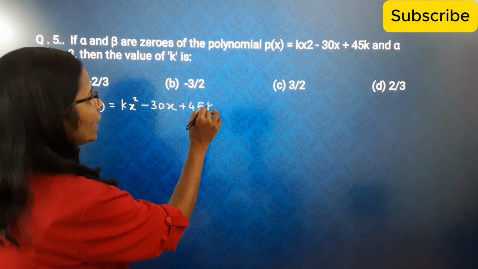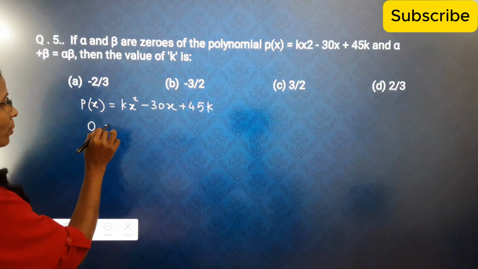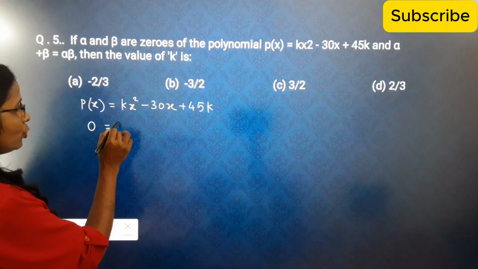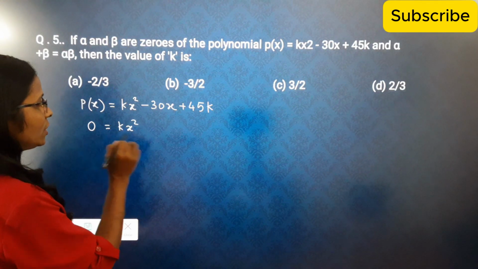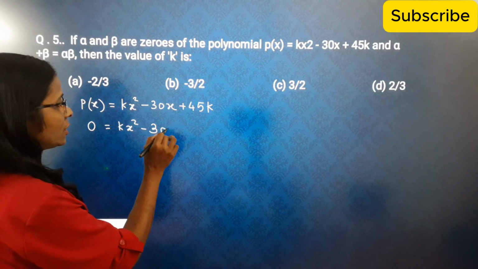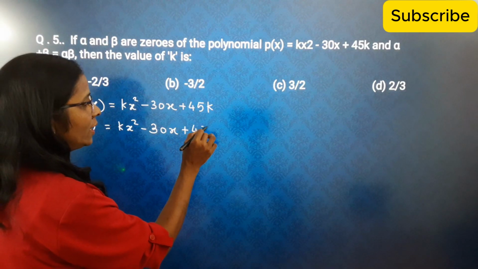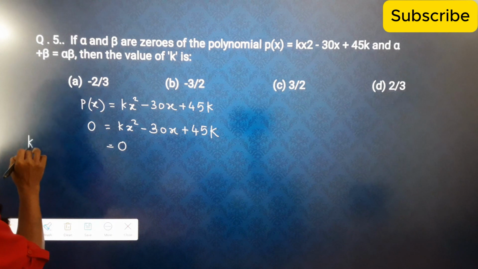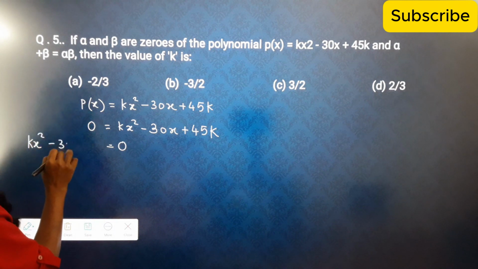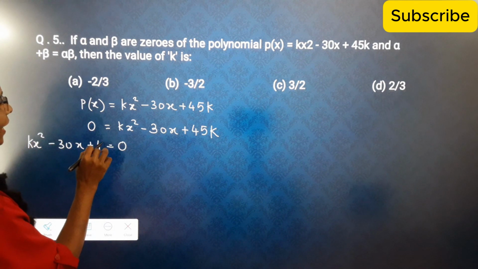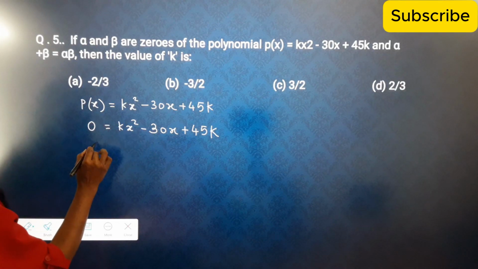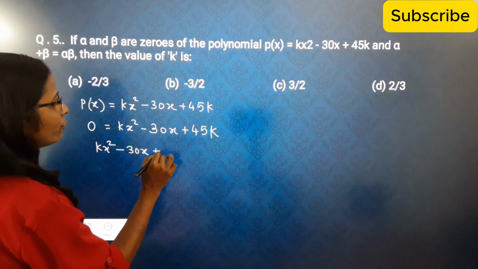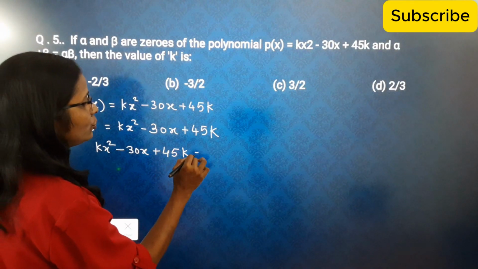The zeros of the polynomial are alpha and beta, so p of x is equal to 0. That means kx square minus 30x plus 45k is equal to 0.